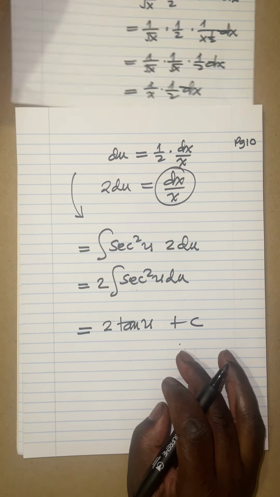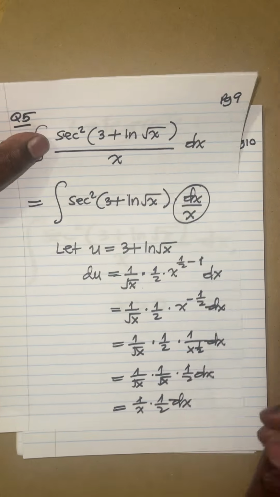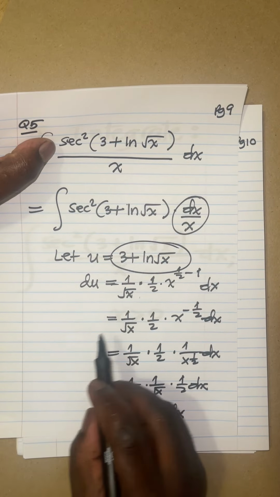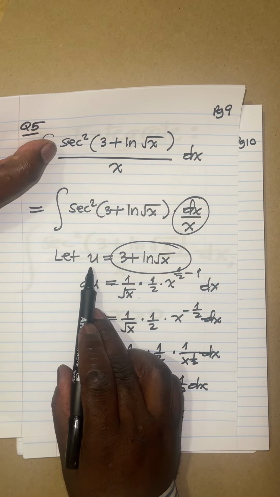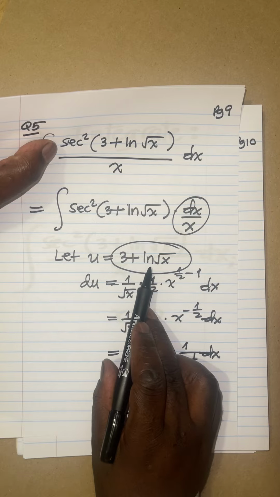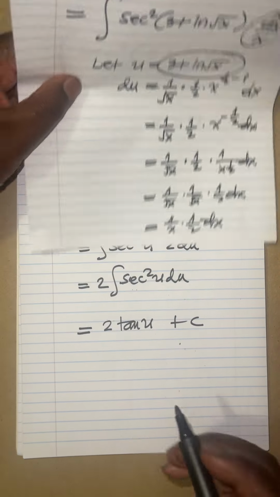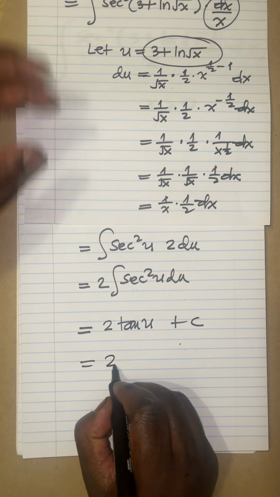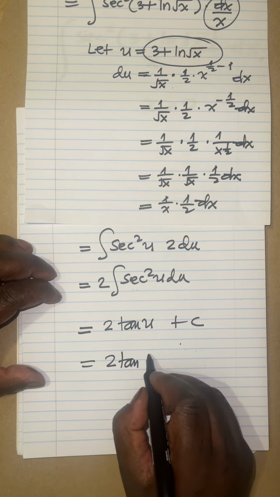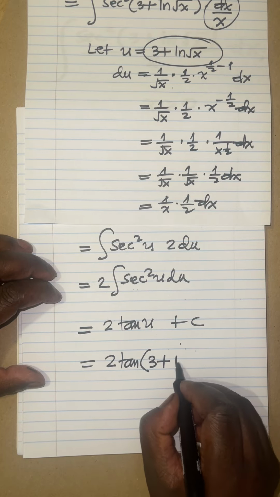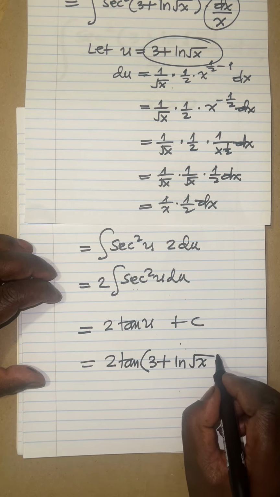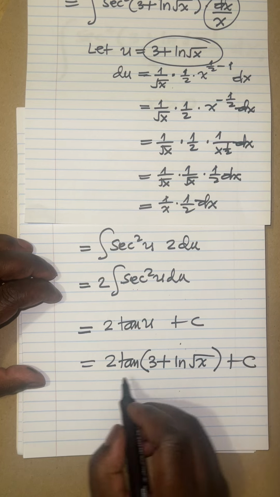But remember, we must go back to our original variable. What is our original variable? The relationship between u and x is u equals 3 plus natural log of square root of x. So this is going to be twice tan of open brackets 3 plus natural log of square root of x, like so, and then we must say plus a constant.